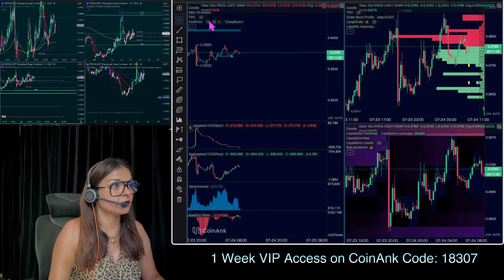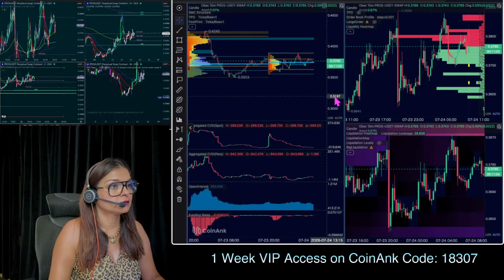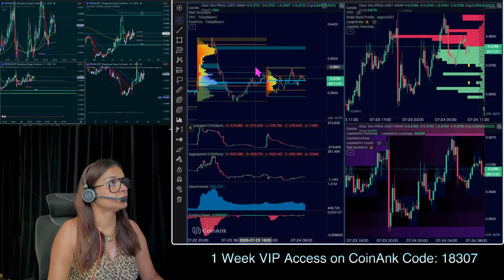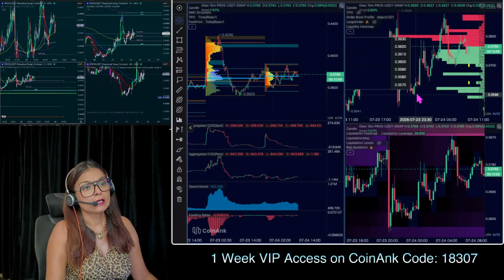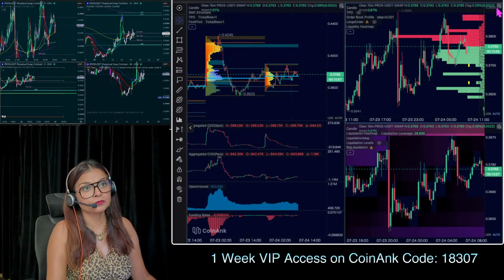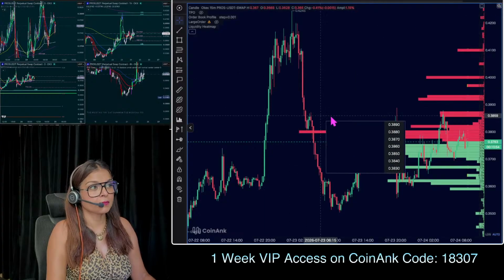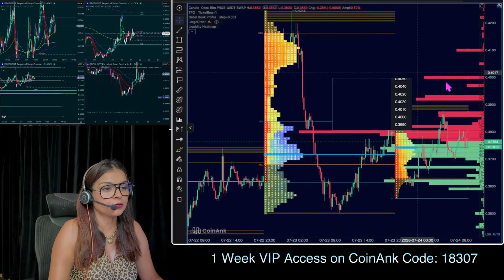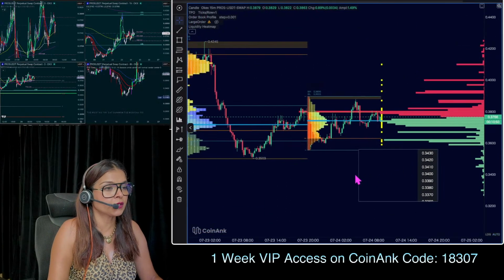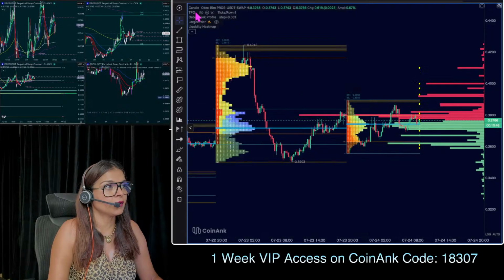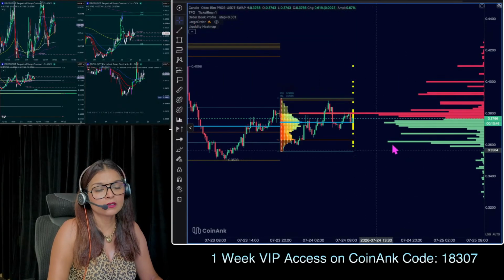Next, we're going to go through the order flow over here, and I'll just make that bigger. I usually like the TPO here as well so I can see what price is doing. Here you have the order book profile. These are orders waiting.